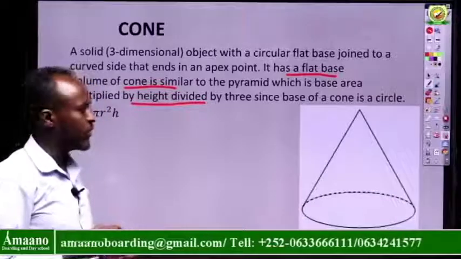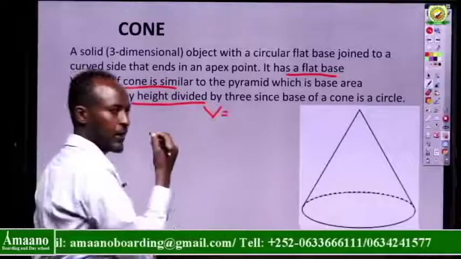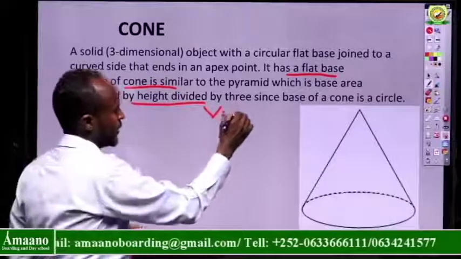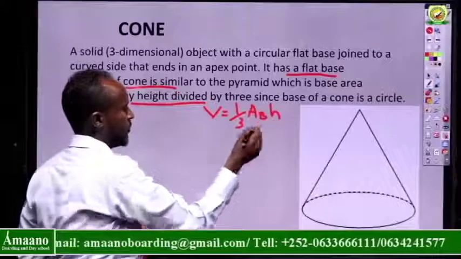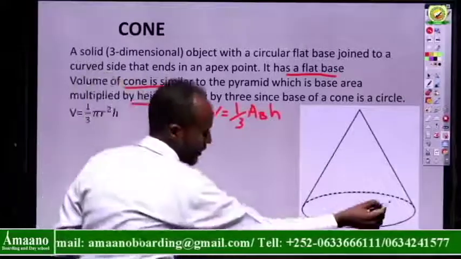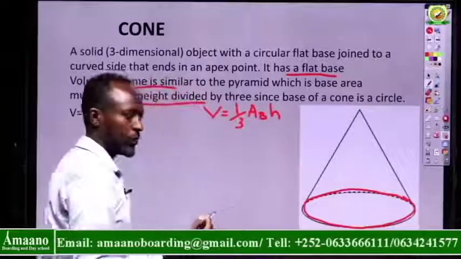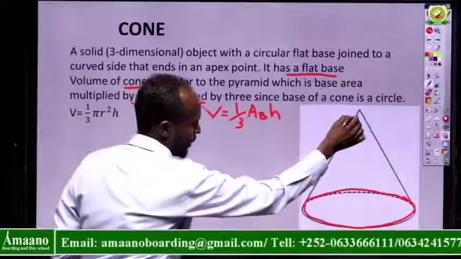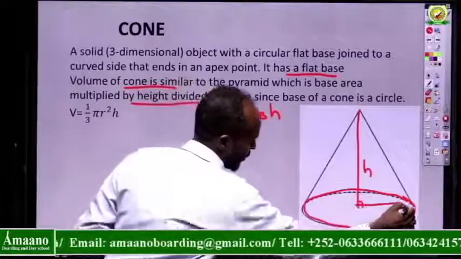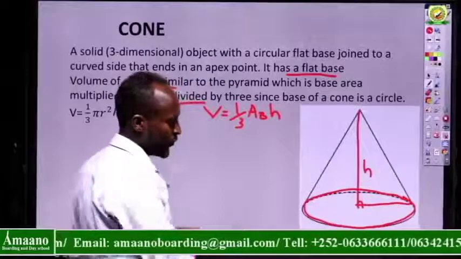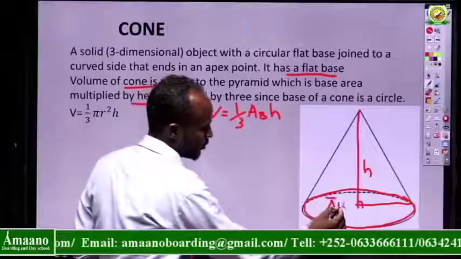Since the base of a cone is a circle, for the volume of any pyramid, as we did earlier, it is 1/3 area of the base times h. But in this case, the base, as you can see, is circular, and it has a perpendicular height h. That's h. And this is the base radius. Therefore, we can find the area of the base, which is pi r square.